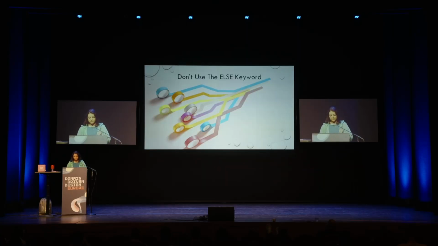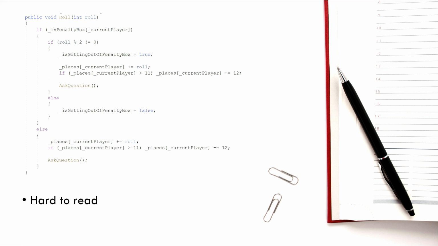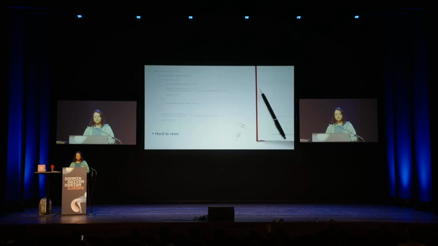Next rule, don't use the else keyword. This is a hard one, yeah. Because everyone at least one time has written an else keyword in their code. This kind of method is not easy to read, really.